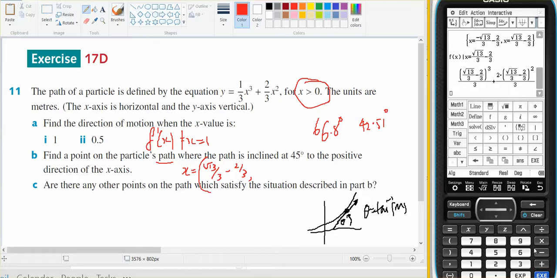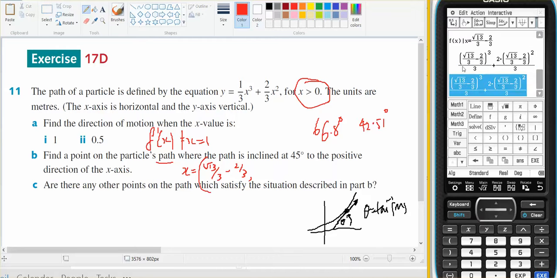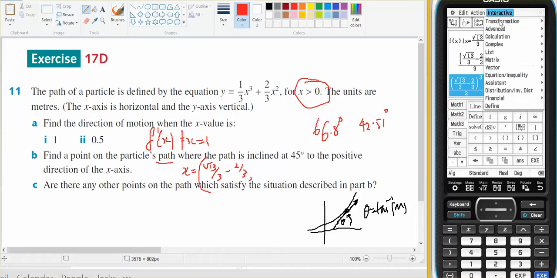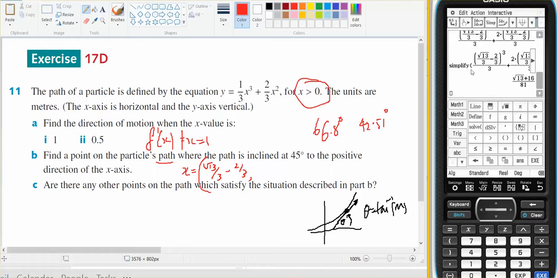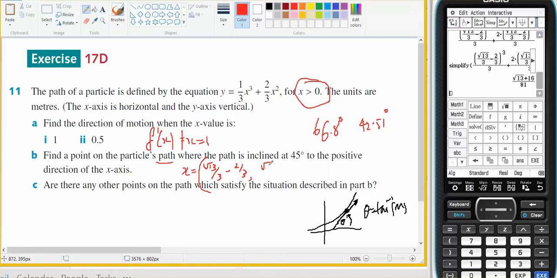It can be simplified, and that's the y value, which is square root of 13 plus 16 all over 81. So that's the coordinate on the path.